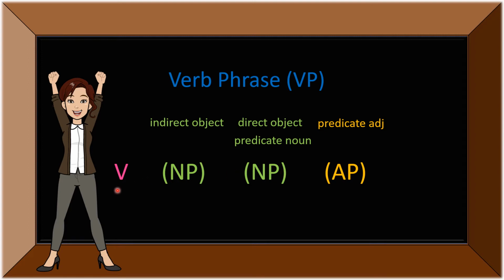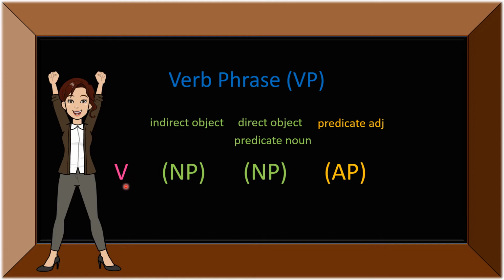So this verb phrase is representing all the possibilities that can go behind a verb, like nothing. So if this verb is a transitive verb, you're going to have a direct object. If this verb is also a transitive verb, you might have a direct object plus an indirect object. So both components will be part of the verb phrase.